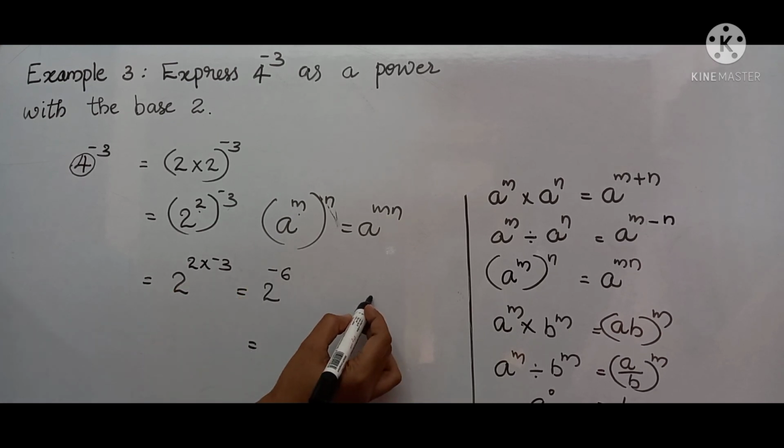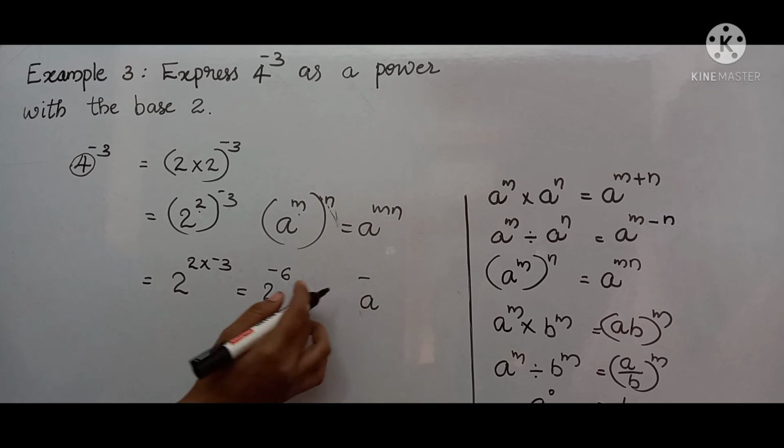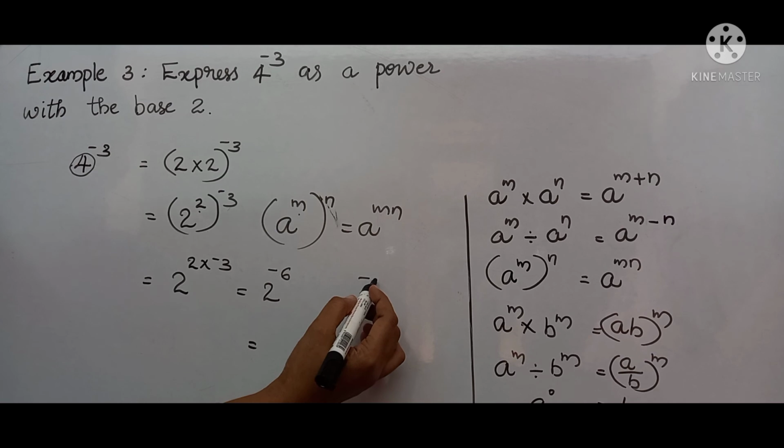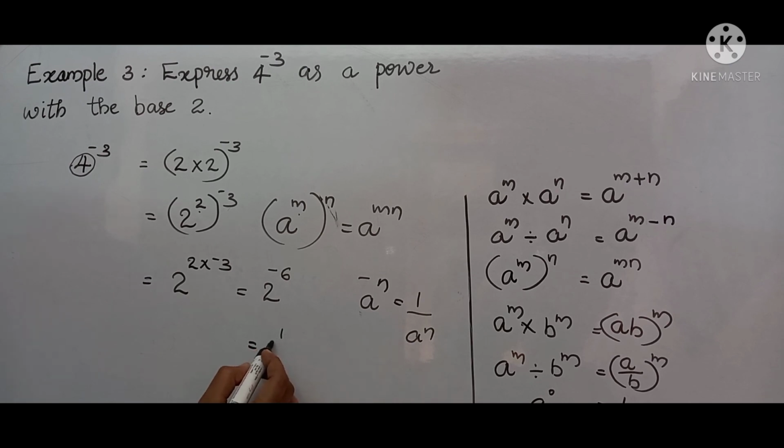Once again we can apply, for getting a positive exponent, a raised to minus n is equal to 1 by a raised to n. So it is equal to 1 by a raised to, instead of a 2 here, raised to n, n is 6 here. 1 by 2 raised to 6.